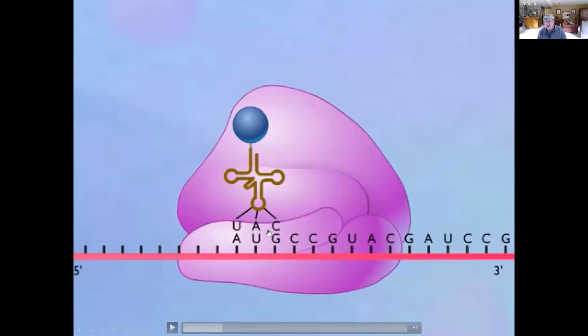So there's the start codon that's starting the translation process. This blue sphere is representing the amino acid methionine. Notice the anticodon sequence of this transfer RNA must complement the sequence of the codon, and it does. Okay, let's start to create the polypeptide.